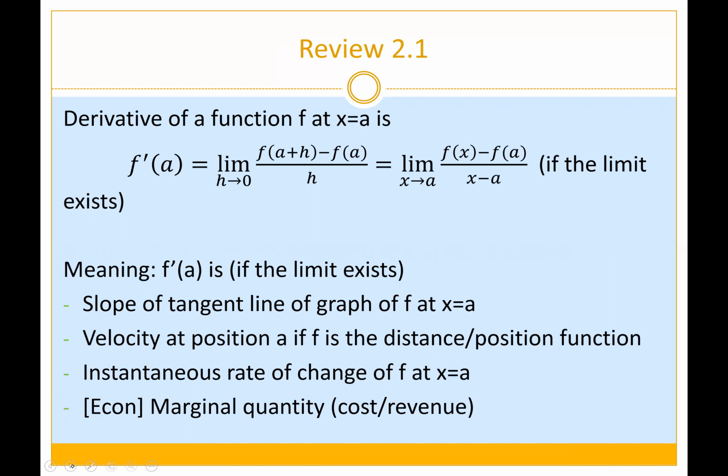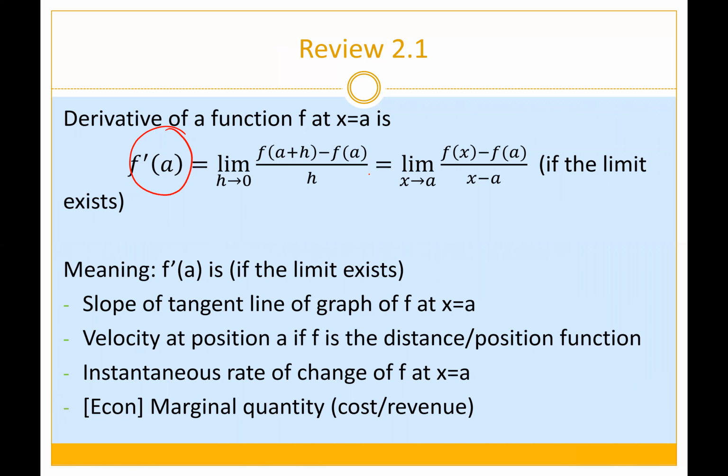But I think it's helpful to understand the next section, which is the derivative of a function when you define it not just at a point, but on a whole interval. So the derivative of a function f at x equal a, the definition is that f prime of a, this is a notation, is equal to the limit as h approaches 0 of f of a plus h minus f of a, divided by h.